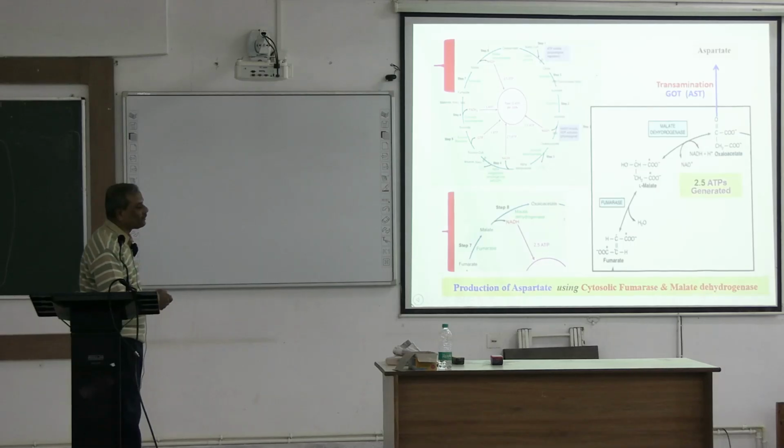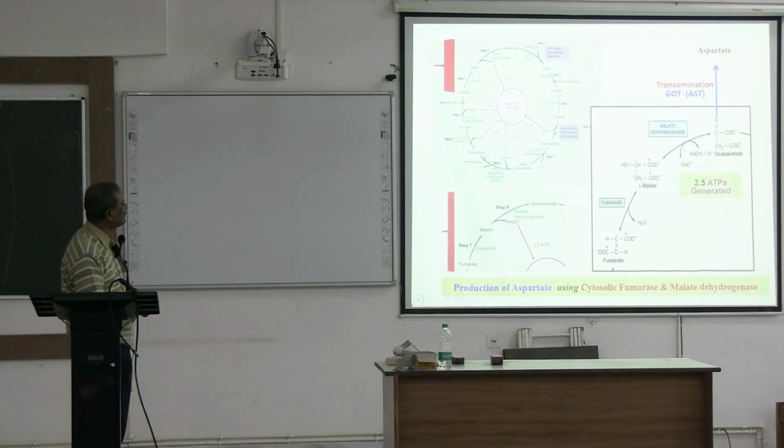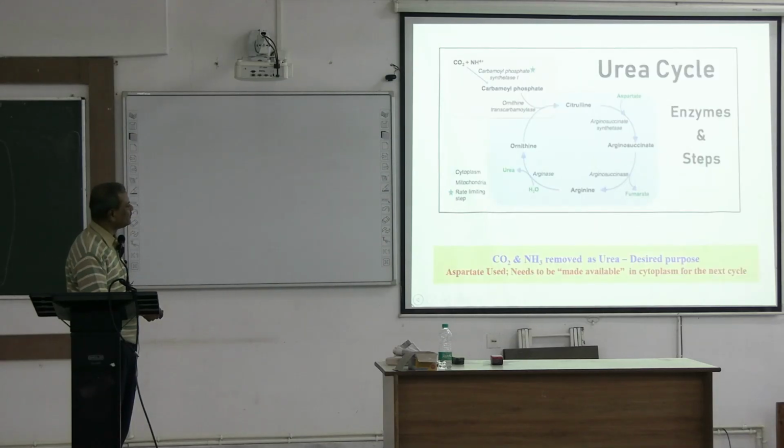So, if you recall the TCA cycle, at steps 7 and 8, I have noted it down and enlarged it here. You see fumarate is produced in this reaction, from aspartate to fumarate. Do you get it?